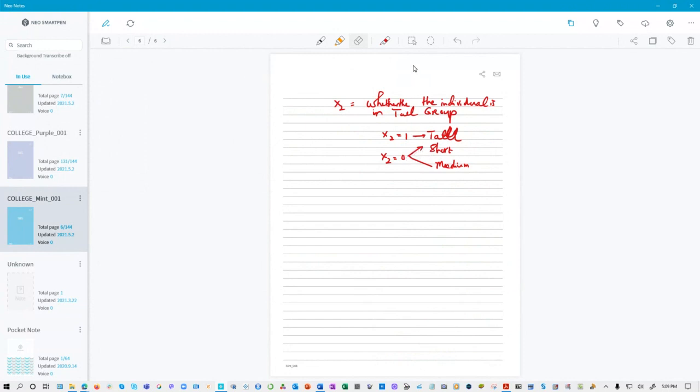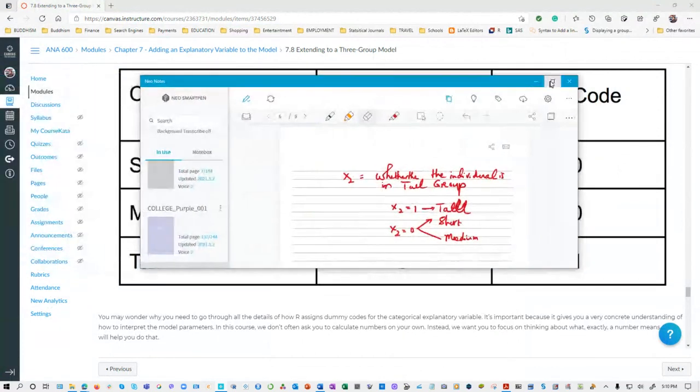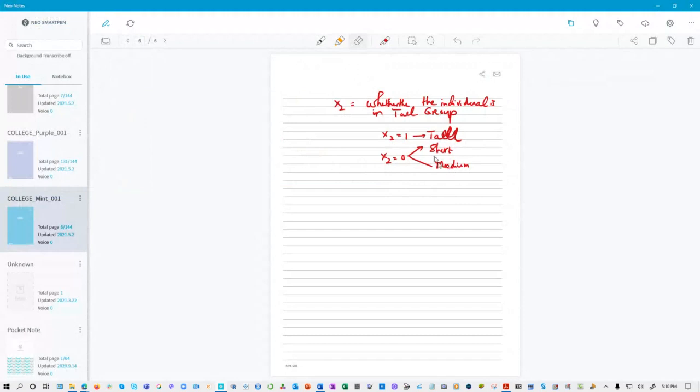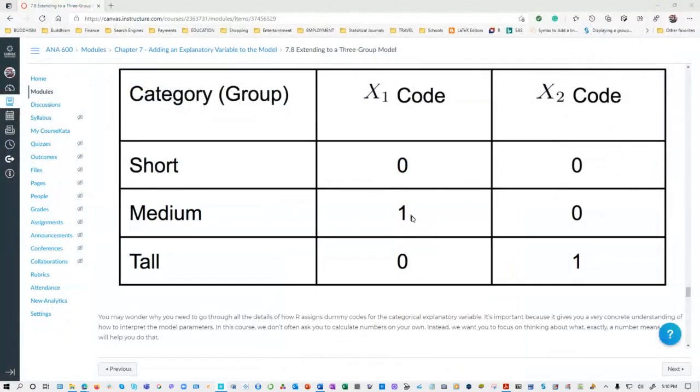If you are in short, 0, 0. If medium, definitely X1 is 1. The rest, we don't know, so I'm going to put 0. X1 is 1, X2 is 0. If it is 0, we don't know whether it's in which group, whether here or here.